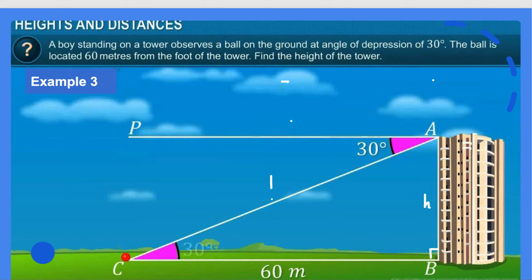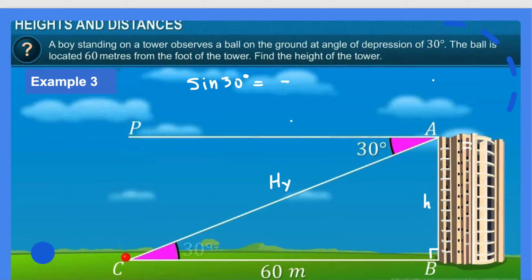This is a right triangle, so the longest side of the triangle is the hypotenuse, which we denote with HY. To find H, we need to use the trigonometric function sine of 30 degrees, which is equal to the opposite side over the hypotenuse.